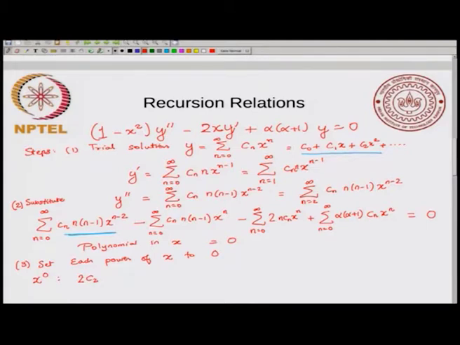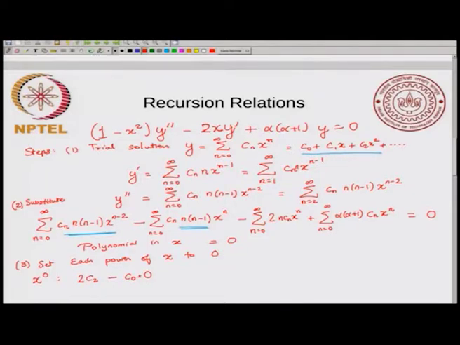Then in the second term you will get x raised to power 0 if n equal to 0. So, that will give me minus C0 into 0. Since n equal to 0, this becomes 0. This will actually not contribute, the contribution will be 0.